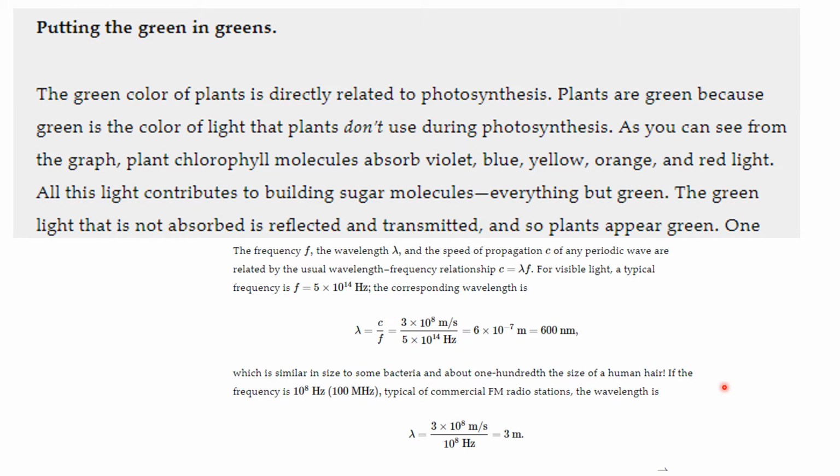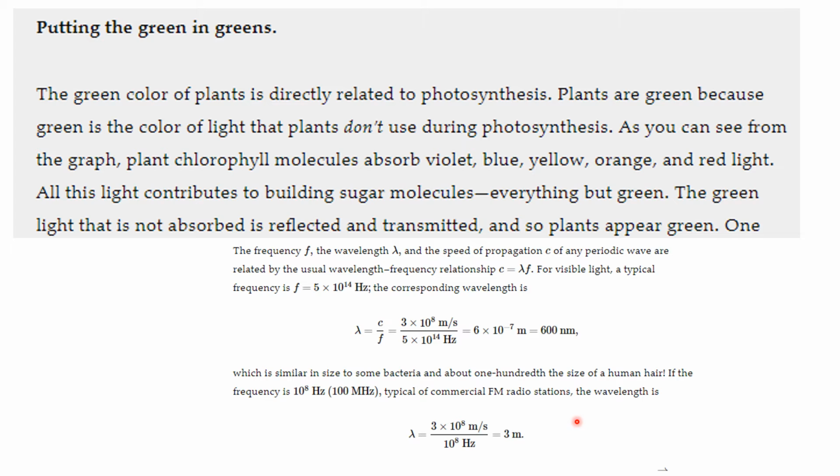And that's about the size of some bacteria, and 1/100th the size of a human hair. That's talking about the diameter of the human hair. And so that gives you an indication of how these wavelengths are, in fact, sometimes very small.